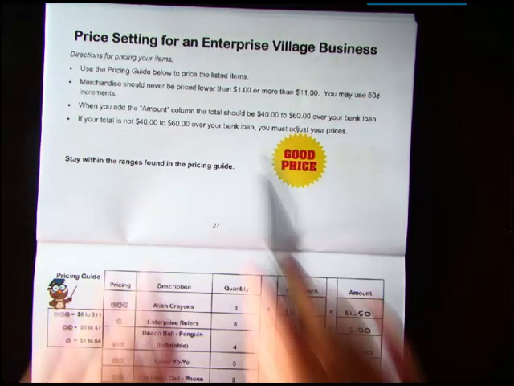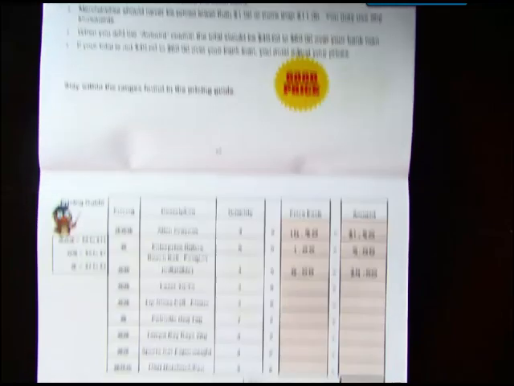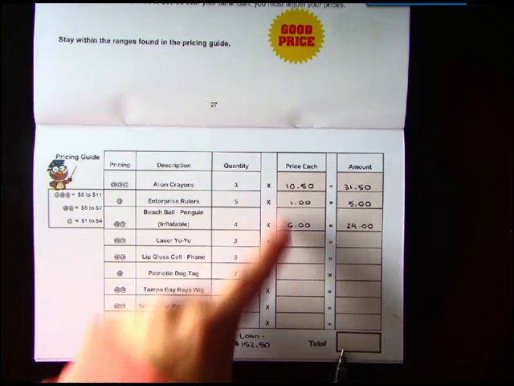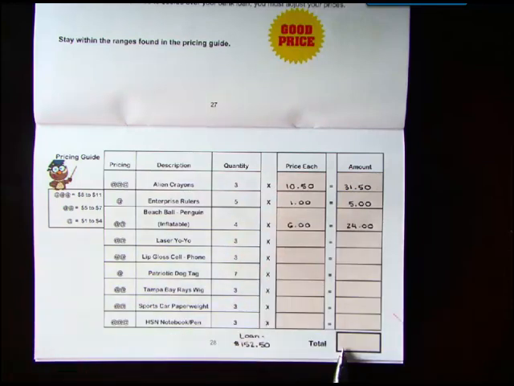Okay, so if you are less than $40 over, then you need to make some of your prices more expensive. If you are way over, or even a little bit over, if you're too high, you need to lower some of your prices. Okay, so you're going to work on that.